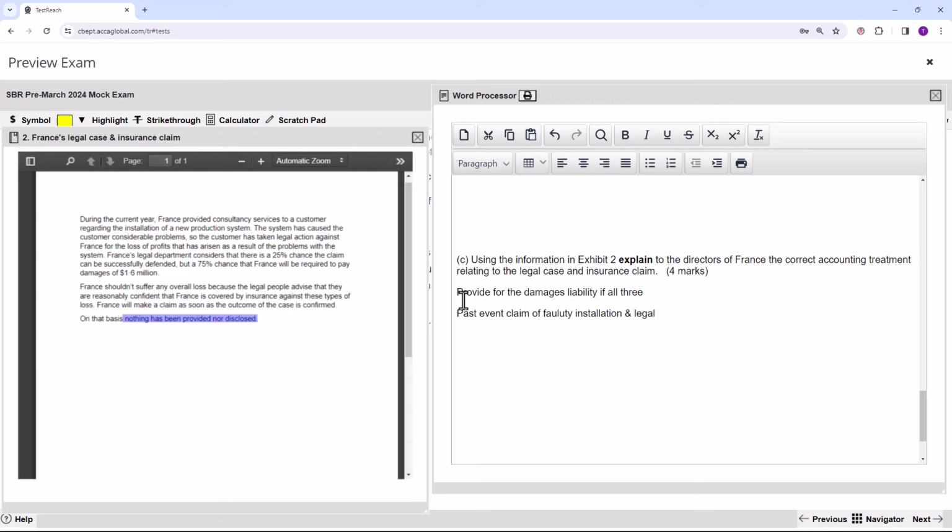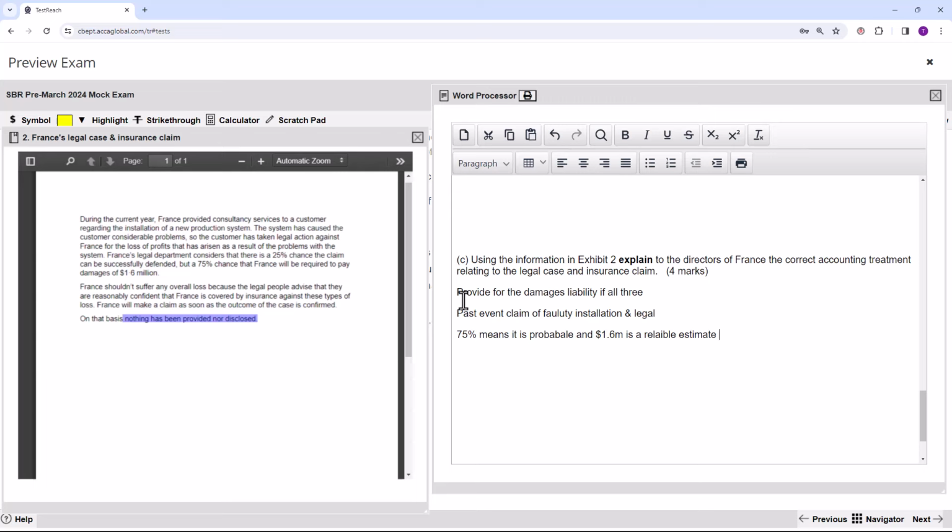The 75% means it is probable, and we've got a figure given to us at 1.6 million, which is a reliable estimate, and therefore the conclusion that I'm going to make, we don't provide 1.2.